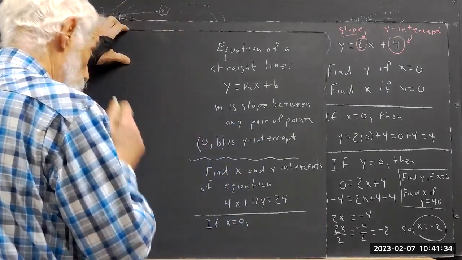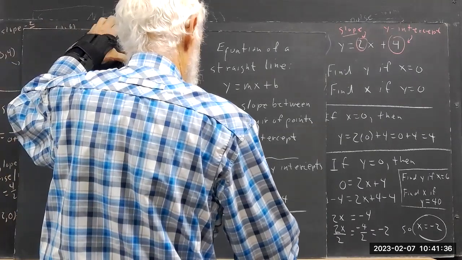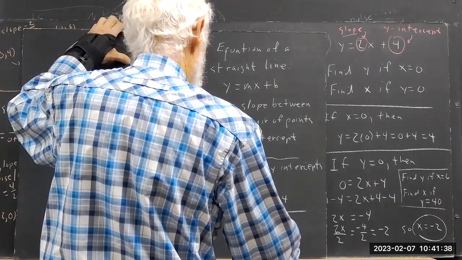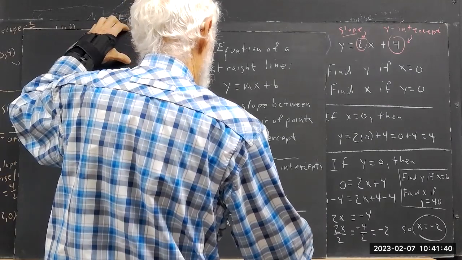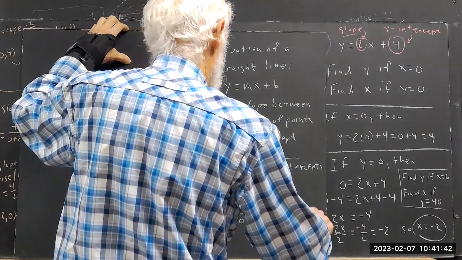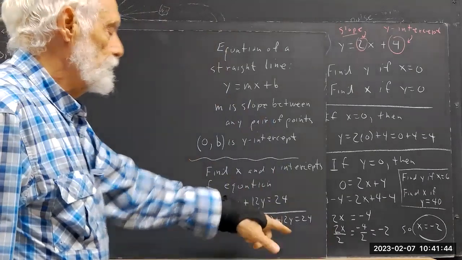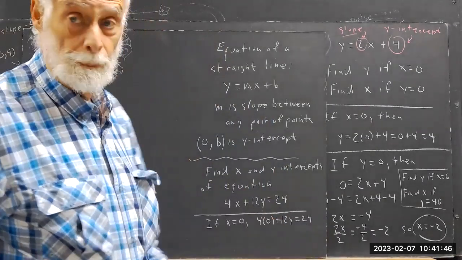If x equals 0, then four times 0 plus 12y equals 24.